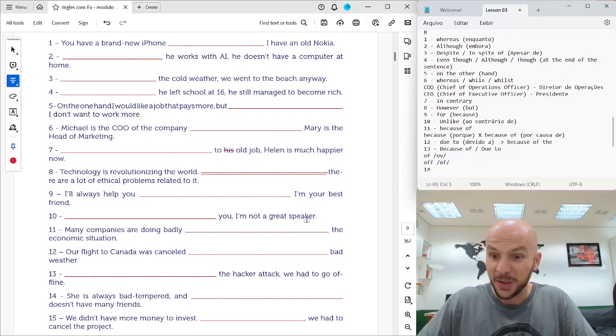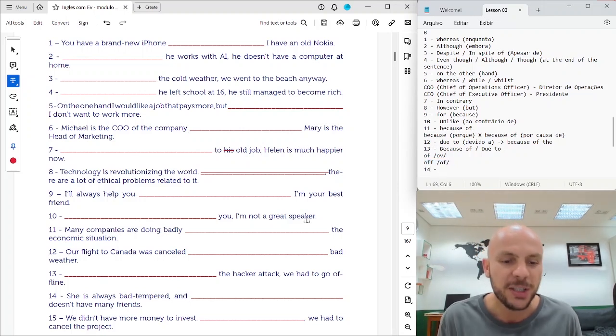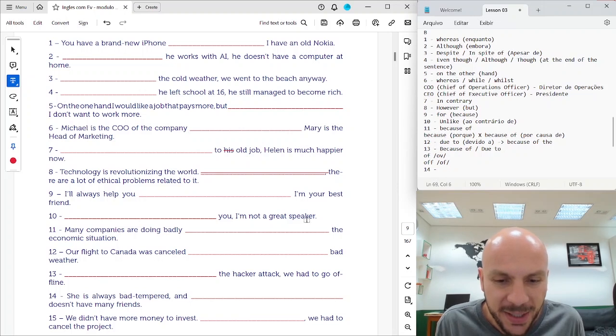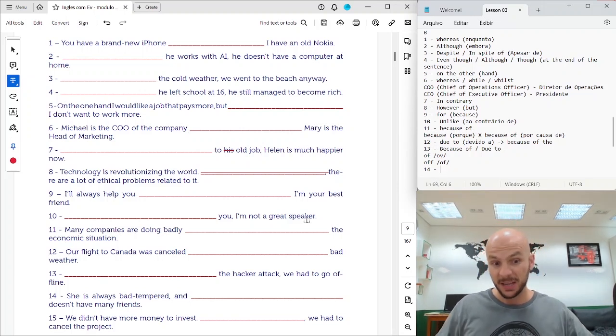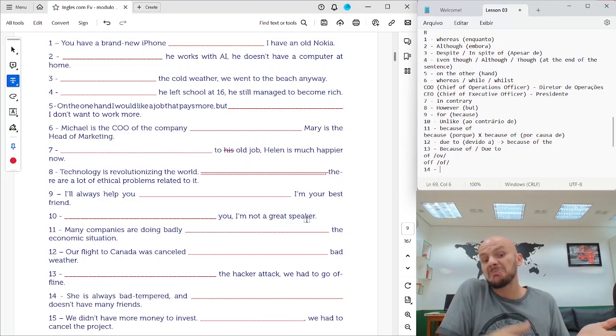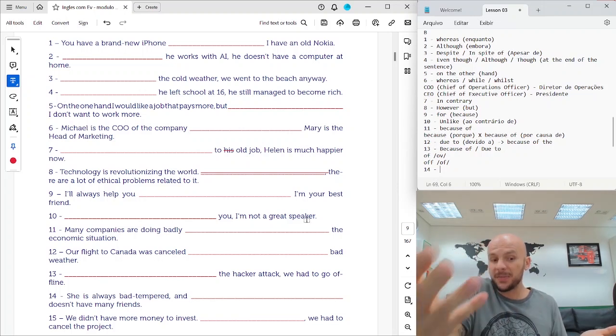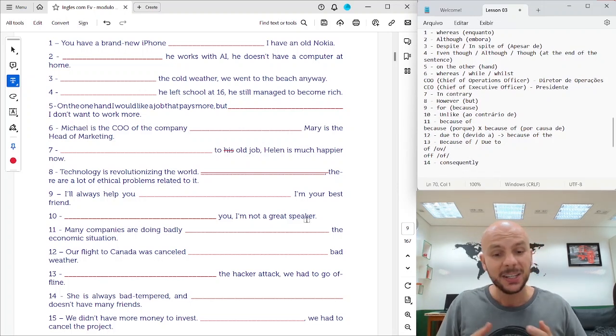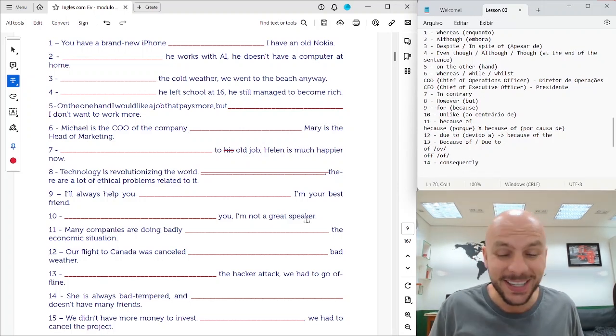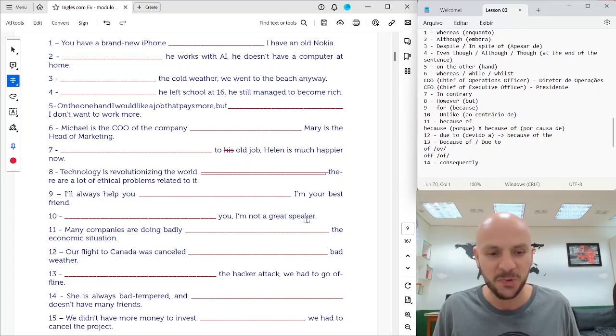Okay? 14. She's always bad-tempered and doesn't have many friends. Okay? She's bad-tempered. In consequence of this, she doesn't have many friends. So, consequently, she doesn't have many friends. All right?